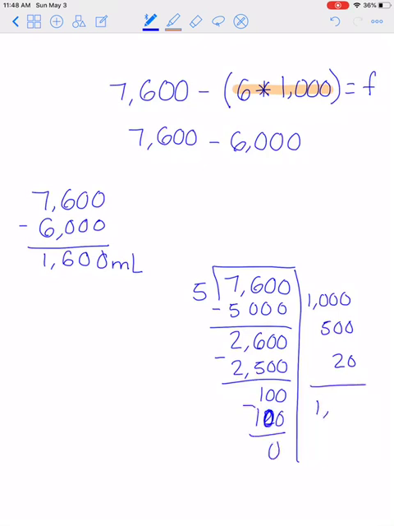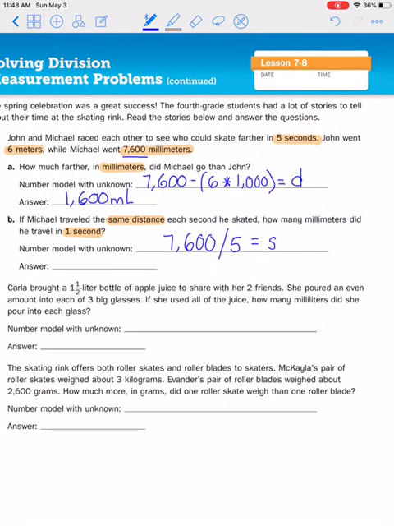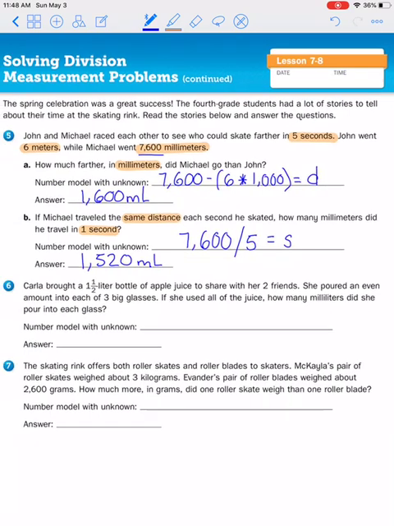And so for every second he went skating, he went 1,520 seconds. Oh, I'm sorry, milliliters. 1,520 milliliters. All right, let's look at problem 6.